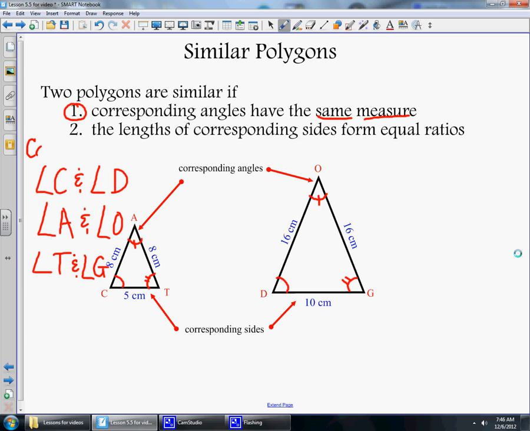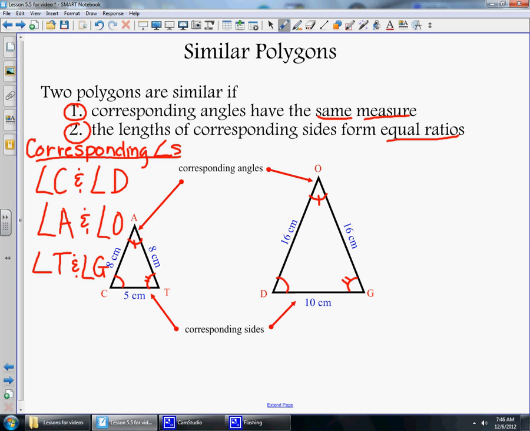And those are corresponding angles. The other thing is that the lengths of corresponding sides form equal ratios. What that means is that we're going to multiply or divide by the same number.